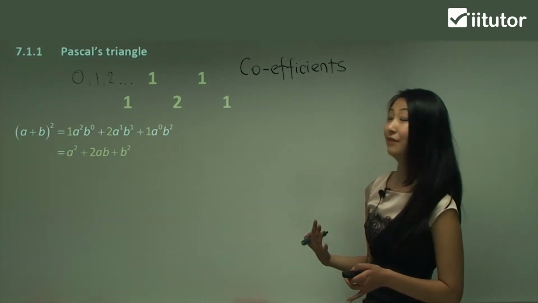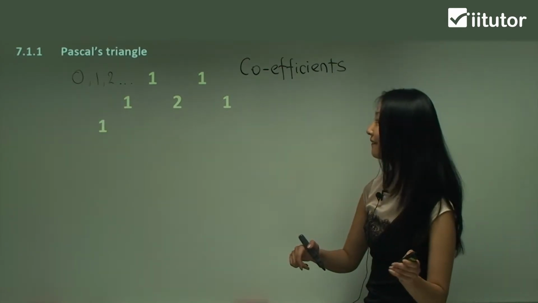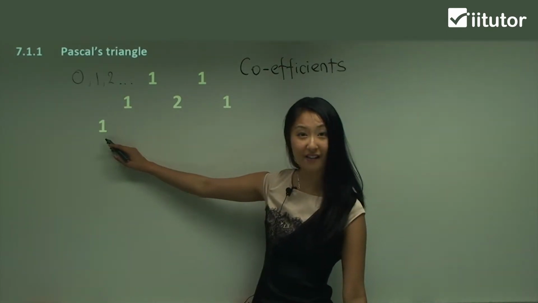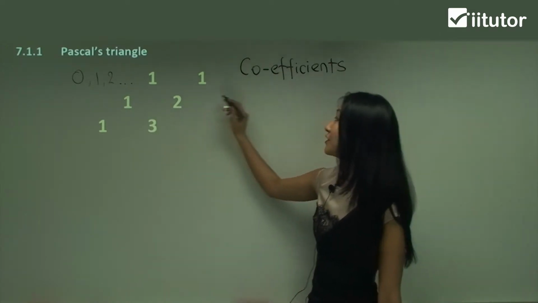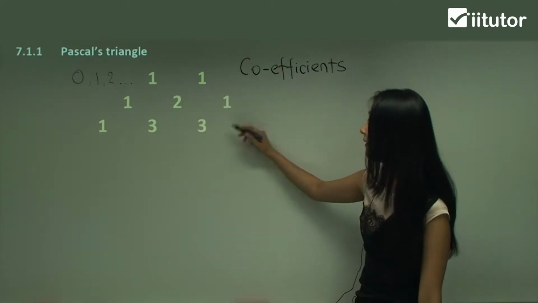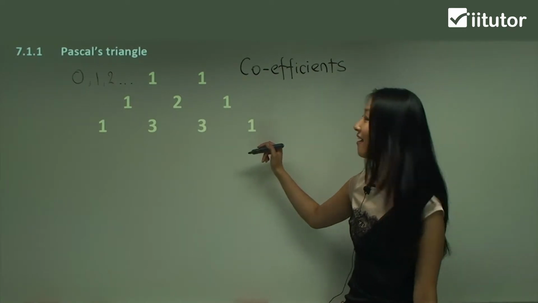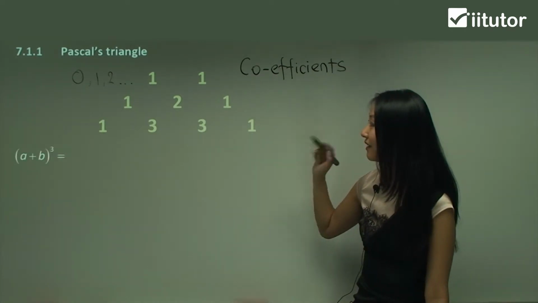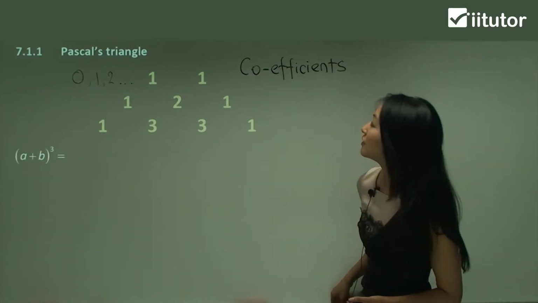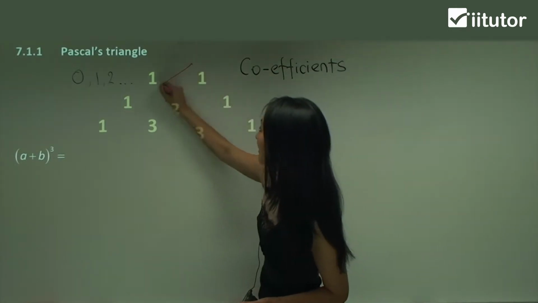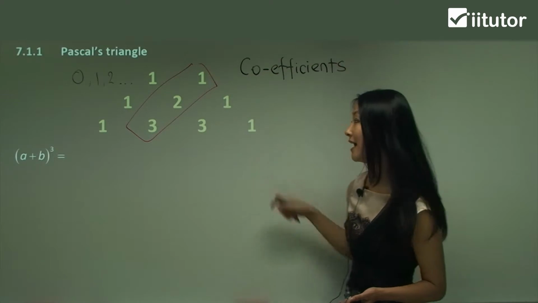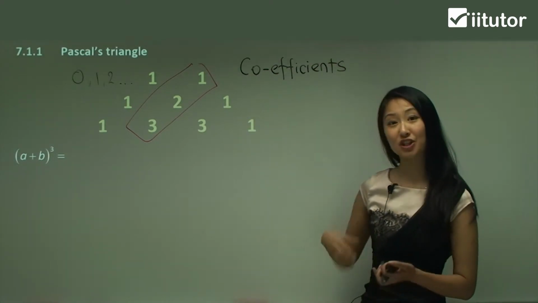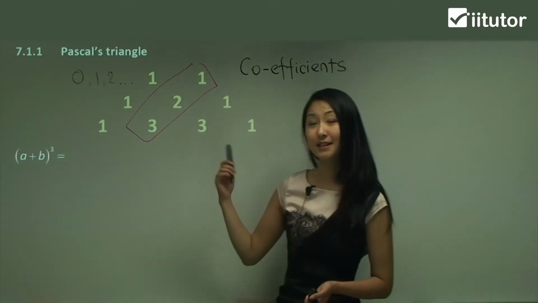Now, let's have a look at the next line, okay? So start off with 1. This term is going to be 1 plus 2, which gives us 3. 2 plus 1 gives us 3 as well, and then 1 there. Now, this is a little trick that you can use. This diagonal that you see here, the second diagonal of Pascal's triangle, tells you which line to use for your expansions.